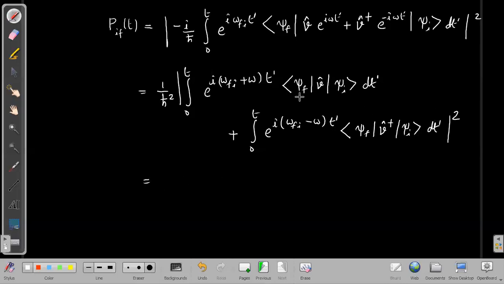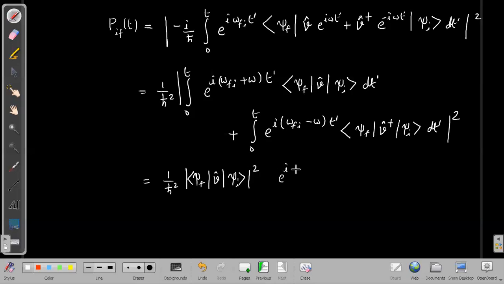Now this psi f v psi i is independent of time, so it can be taken outside of the integration. So this becomes 1 by h cross square, modulus of psi f v psi i, square. Then I can take this integration.